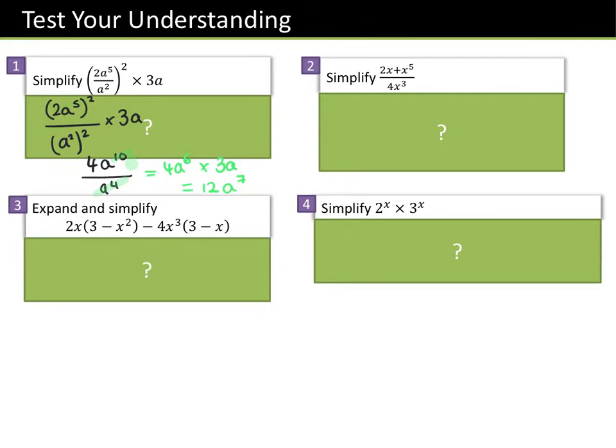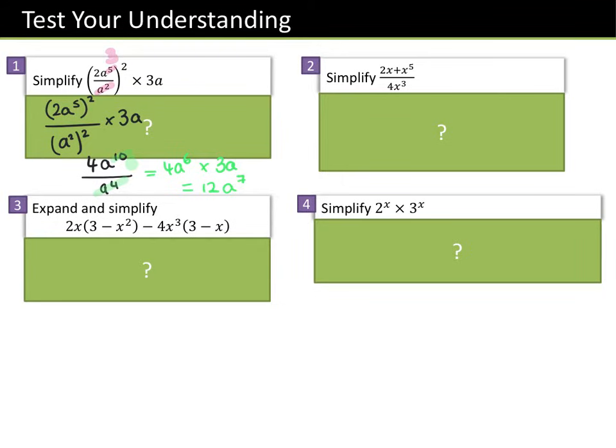Now, we also could have cancelled here straight away, where a squared, we could have cancelled the 5 to become a 3, and then we could have just squared the numerator, okay? So there's sometimes more than one way to do it. And again, as a mathematician, it's whatever you find is the easiest.